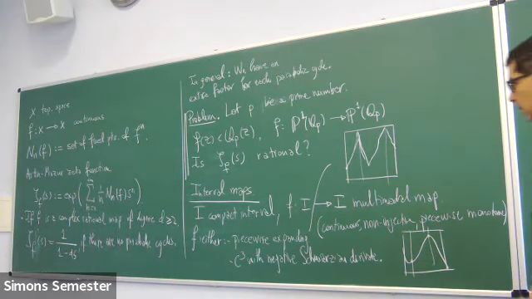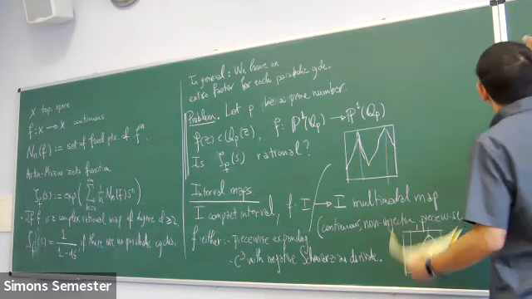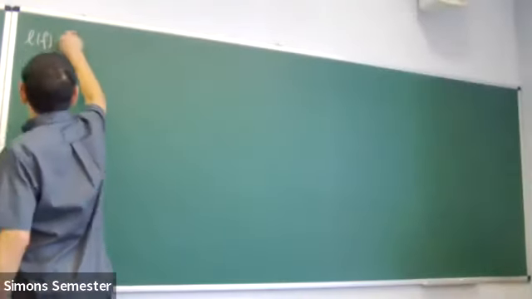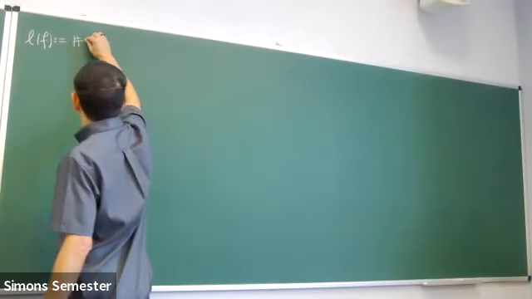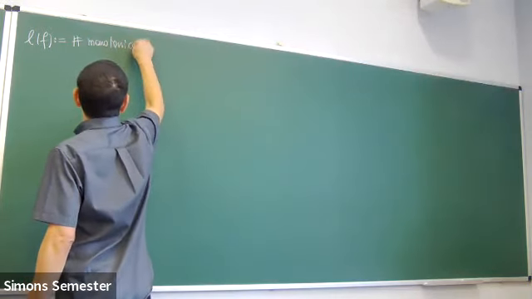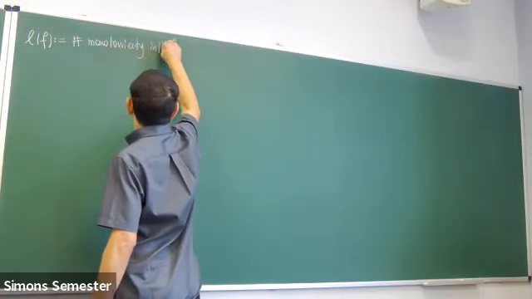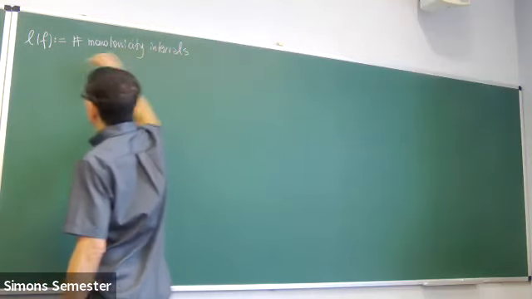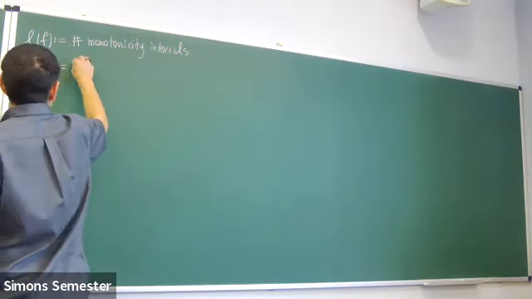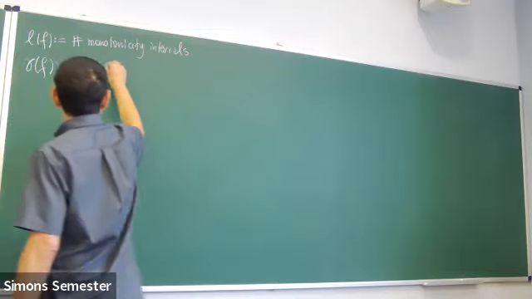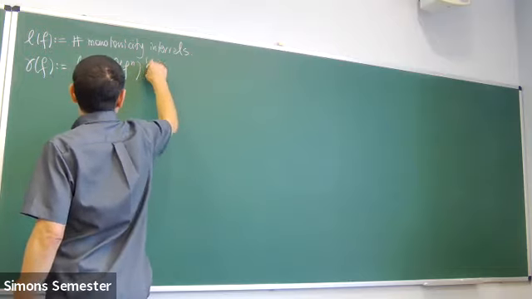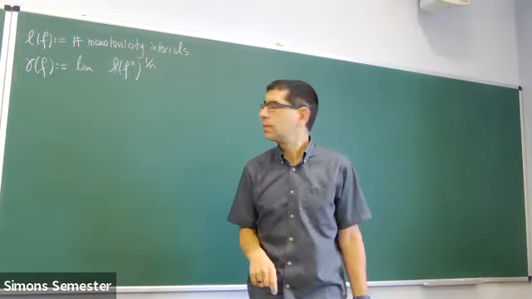All right, so before, we can define the lap number to be the number of monotonicity intervals. And then we have the growth number, which is the limit of the lap numbers of the iterates, normalized.